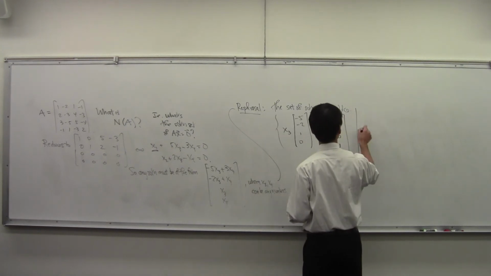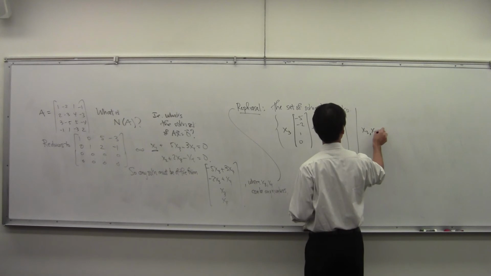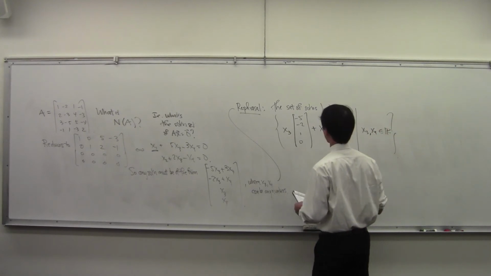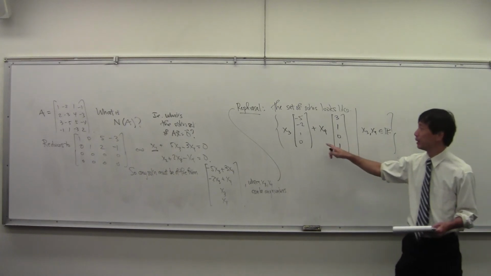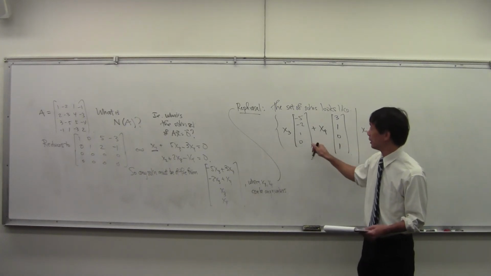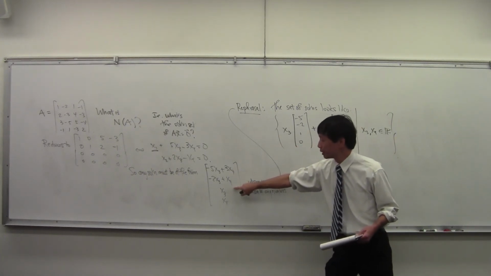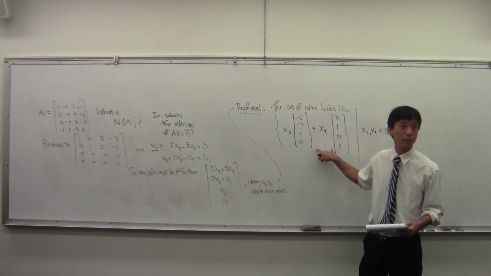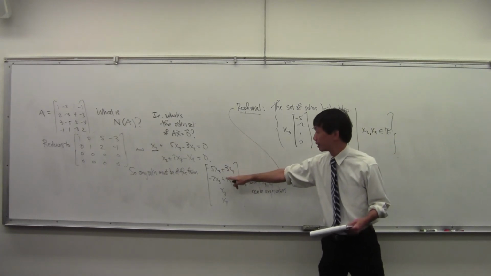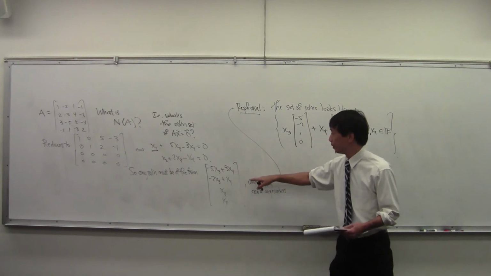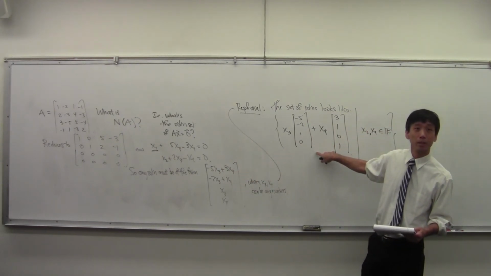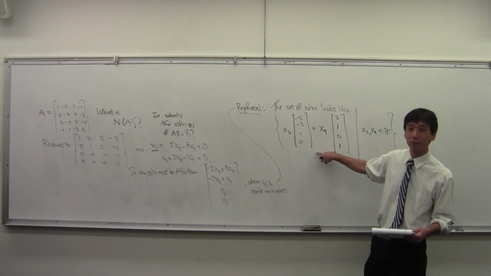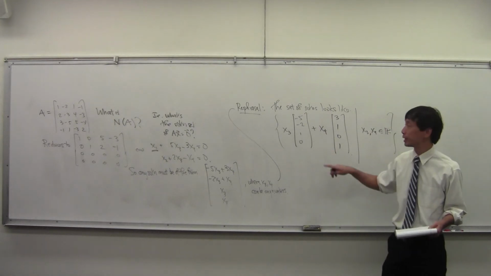Where x3 and x4 can be any numbers. I just wrote the same thing. I just expanded this out as this. Negative 5x3 plus 3x4, and so on. That's the same thing as this thing here, just by vector addition and scalar multiplication.